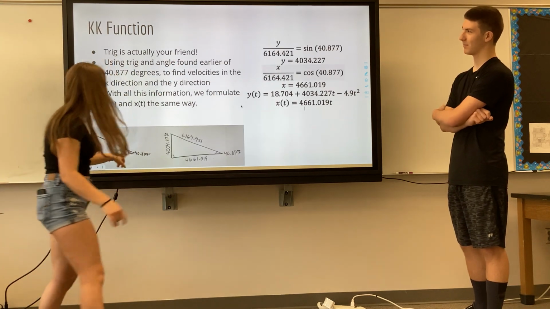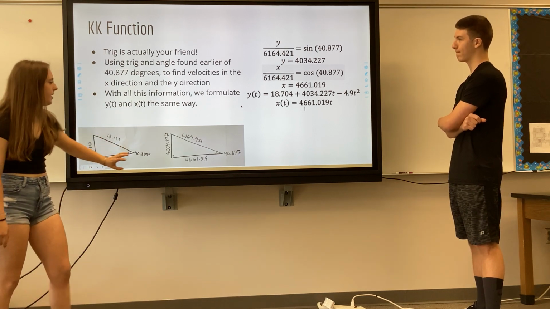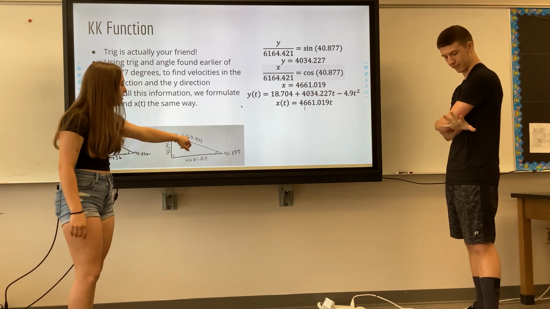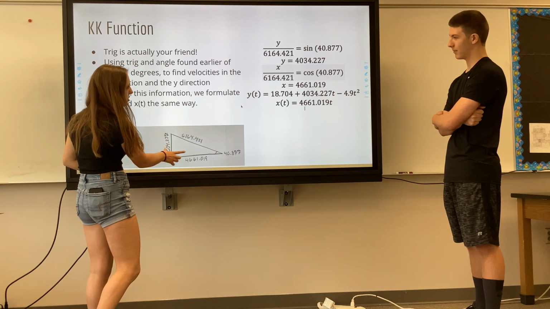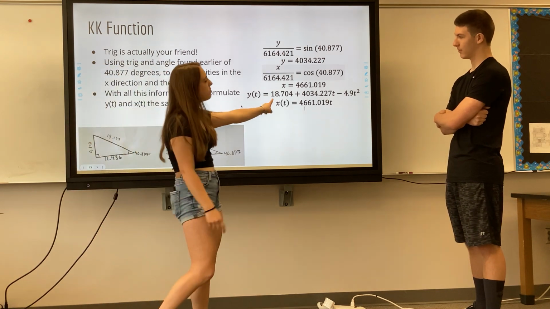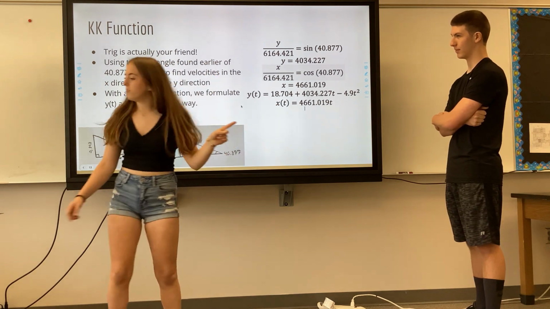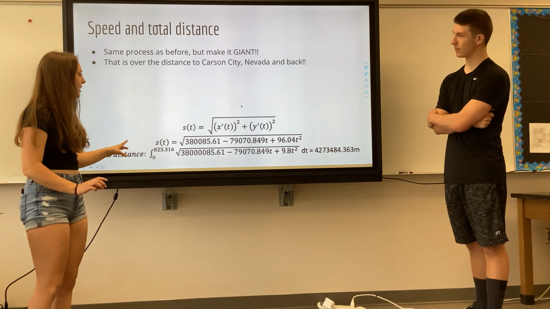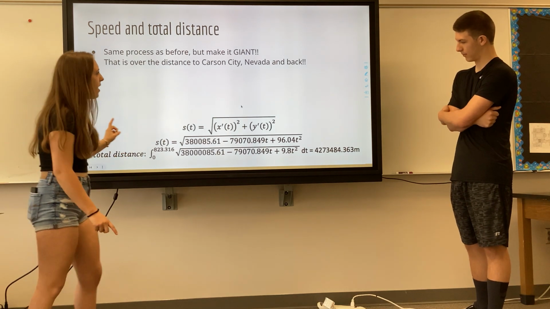Now then I inputted the triangles, so I made little triangles based off of mine, and this is basically a similar triangle. Same angle, and then that was this velocity. And then I could find the velocity in the y direction and the x direction to make two similar functions to what I had before. With those two functions, I was able to do the same exact thing I did for mine to find the total distance.